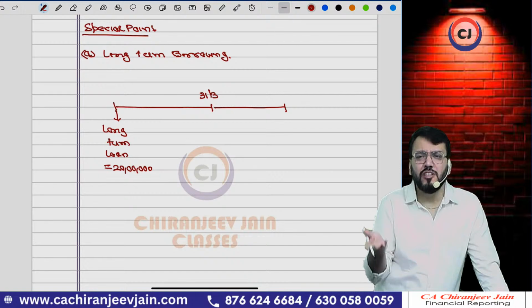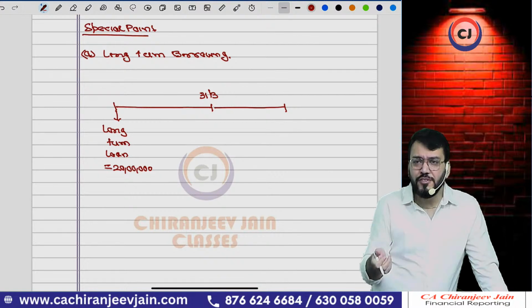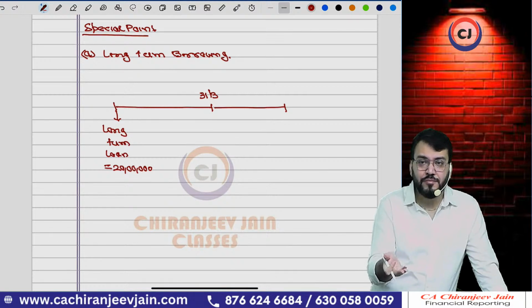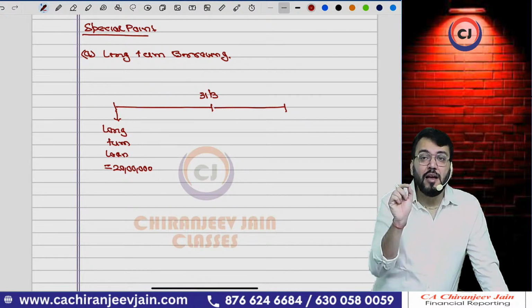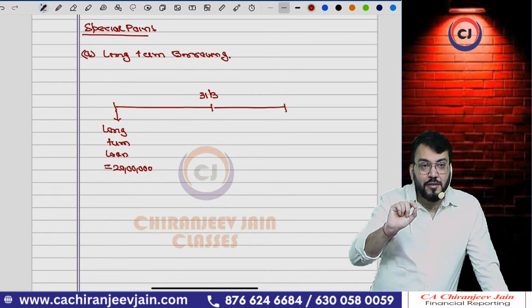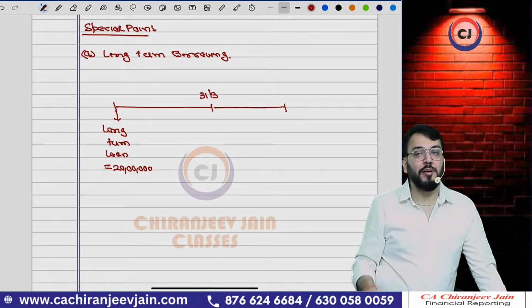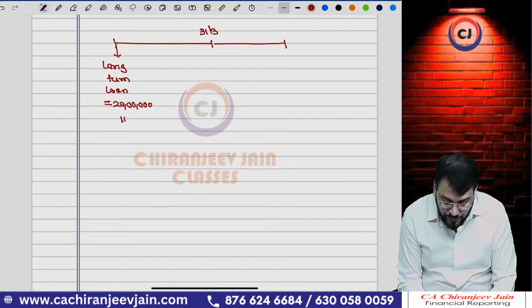There may be many terms and conditions, that you need to deposit some documents, you need to deposit the quarterly report, etc. Or there may be some other condition. So if they are not able to fulfill that condition, then the loan will become repayable on demand.